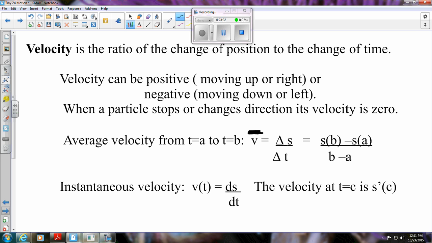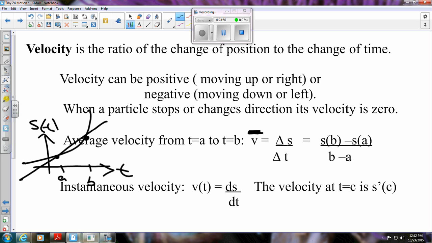What you've been finding is the slope of the secant line to the position graph. Like if you had the position graph, position as a function of time, when you find average velocity from A to B, it's the slope of the secant line. 2 points, use slope formula.